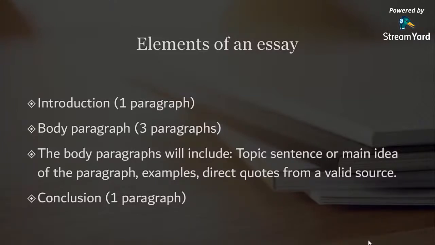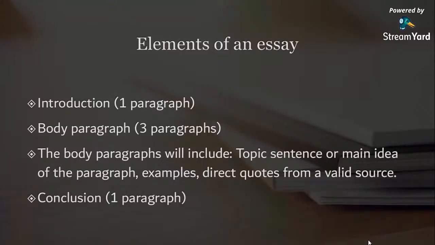The first element is one introduction paragraph, followed by 3 body paragraphs, and each body paragraph will include a topic sentence or the main idea of the paragraph. You need to provide some examples, direct or indirect quotes, but you have to make sure that those examples are taken from a valid source.